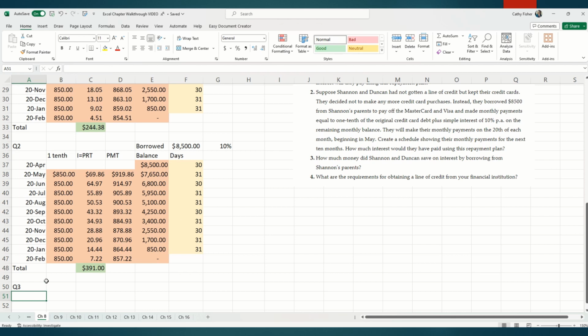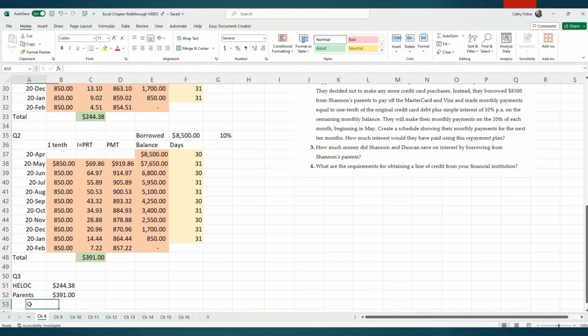Okay, so the amount of interest, so we have our home equity line of credit. That actually equals, and I'm just going to reference the cell. So we reference this cell up here. So that's the home equity line of credit. The parents, they cost them, and that equals this cell right here.